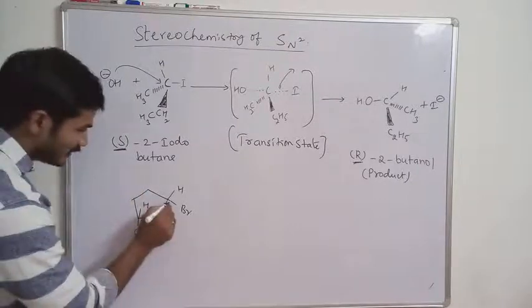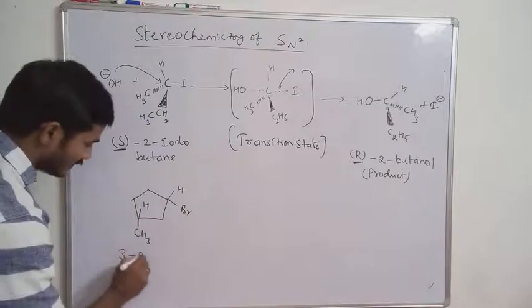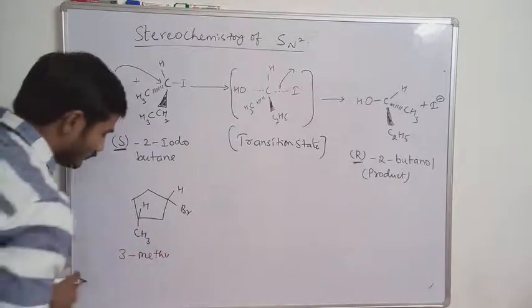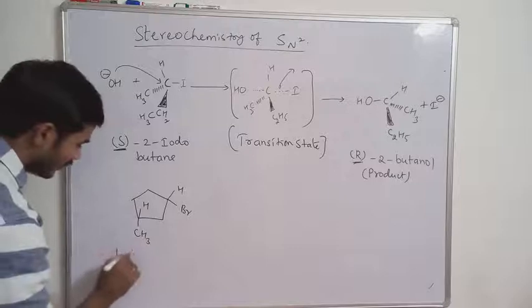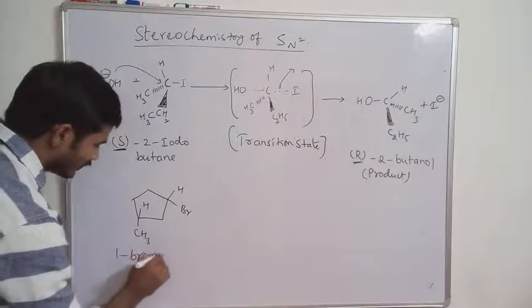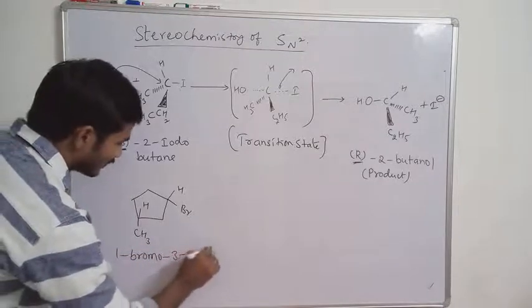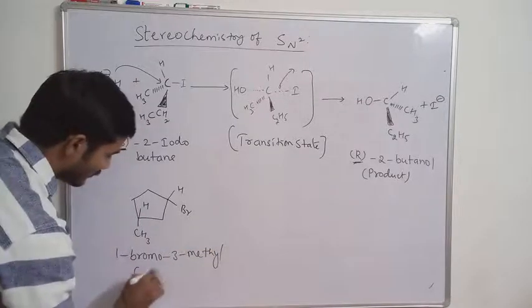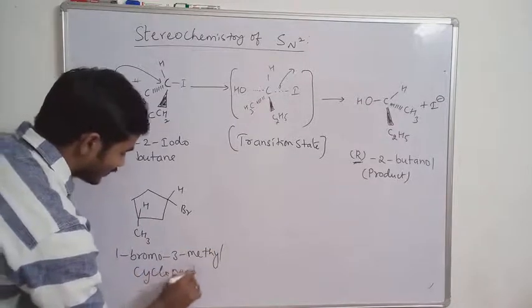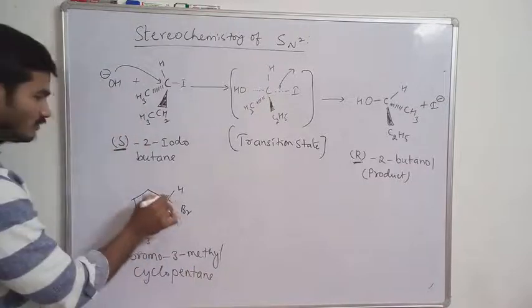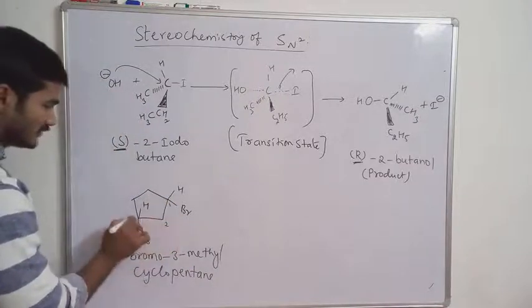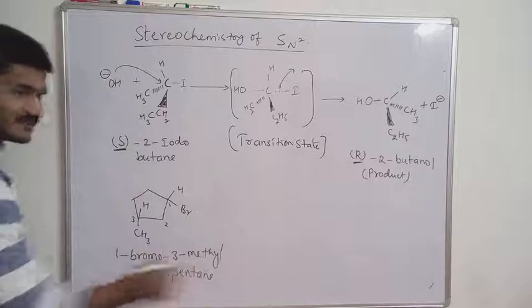The name of this molecule, numbering 1, 2, 3, in alphabetical order, is 1-bromo-3-methylcyclopentane.